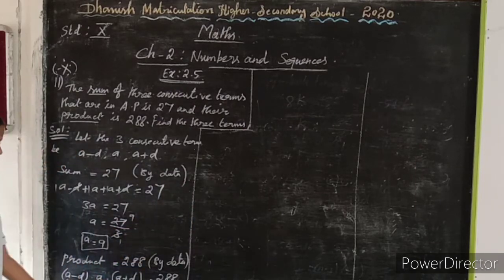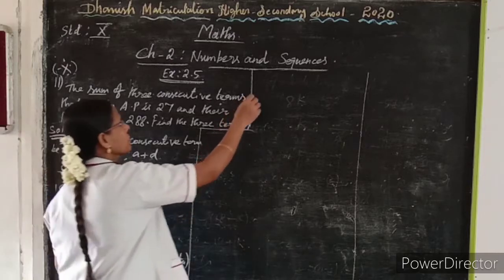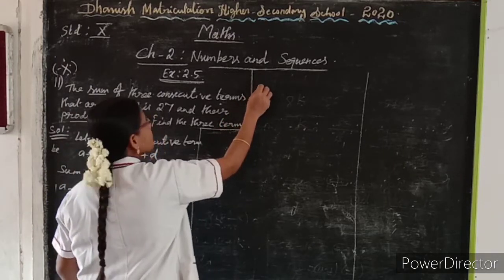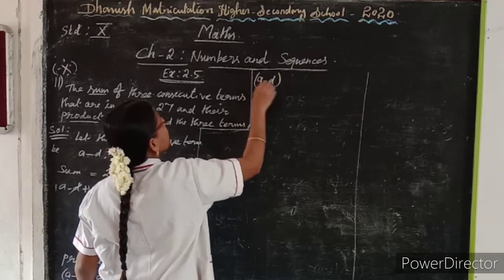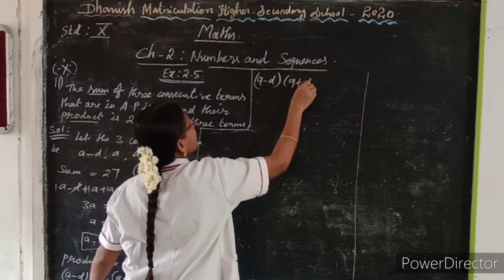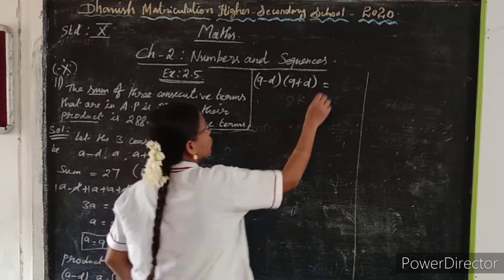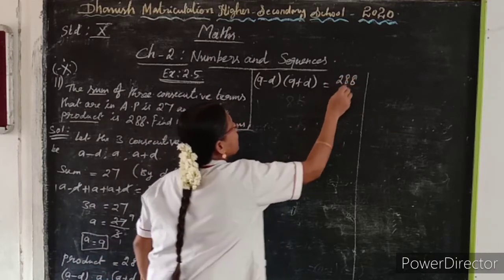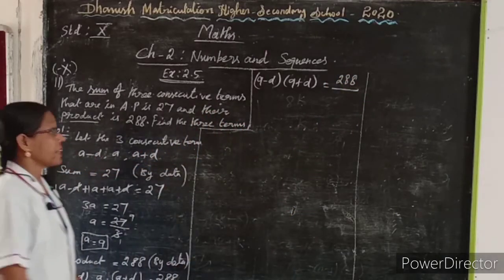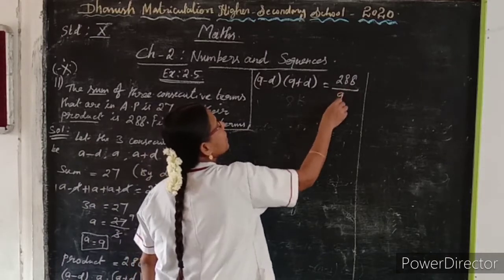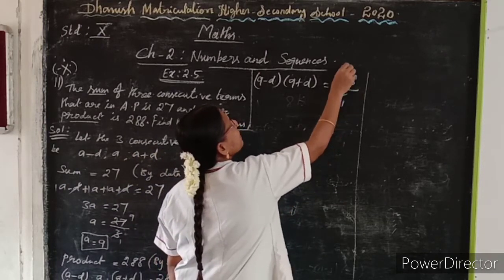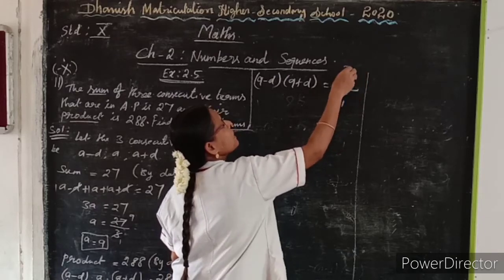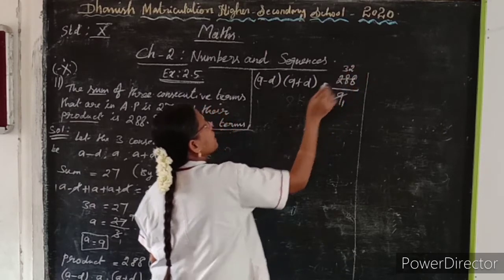Now the product of these three terms. So take this 9 to that side. In the LHS, 9 minus d into 9 plus d is equal to 288 divided by 9. Cancel by 9 table. 9 ones are 9, 9 threes are 27, balance 18, 2 nines are 18.